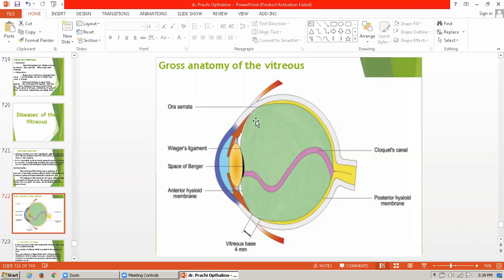In that we can see the ora serrata, then this is Wieger's ligament, this is the space of Berger, then this is the anterior hyaloid membrane, this is the vitreous space that is 4 mm, then this is Cloquet's canal, and this one is the posterior hyaloid membrane. So this is the gross anatomy of the vitreous humor.